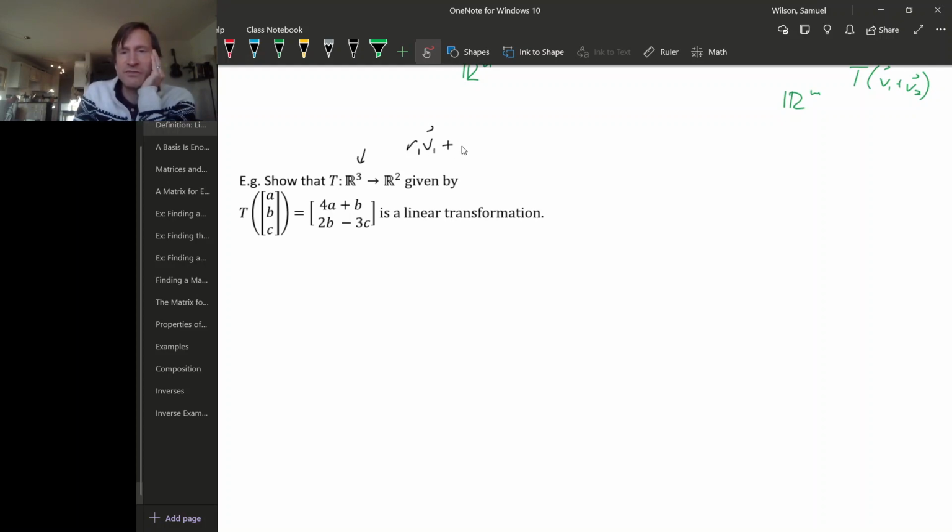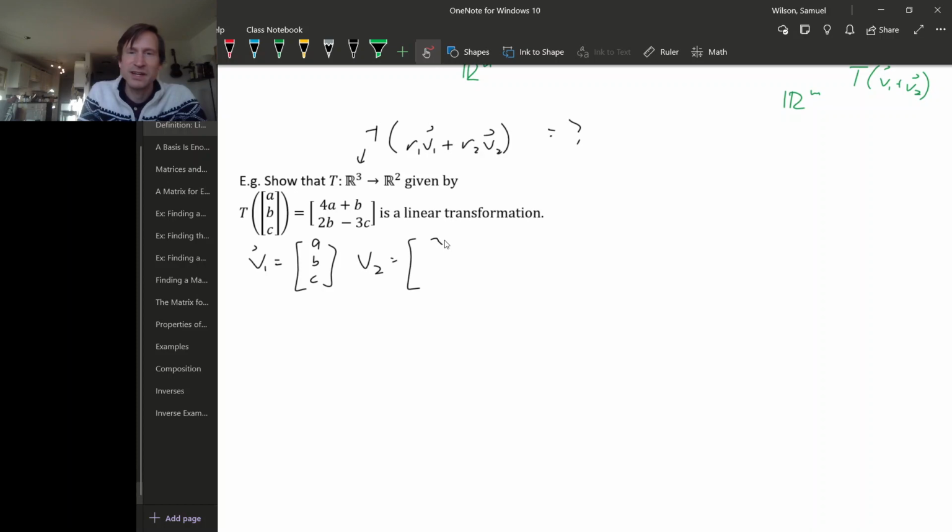When we have two of them, we'll take a combination of them like this, stuff it into T, and see what comes out. So for our first vector, let's use A, B, C. And for our second vector, let's use X, Y, Z.